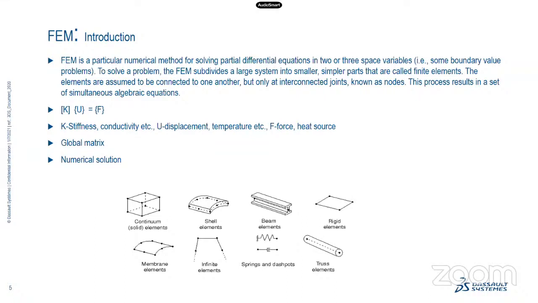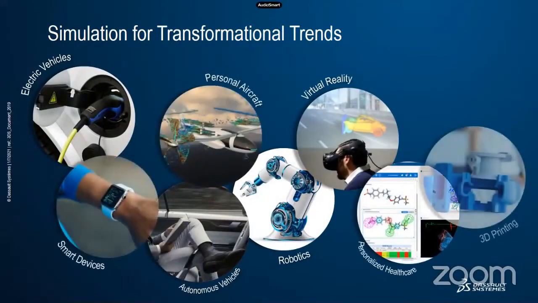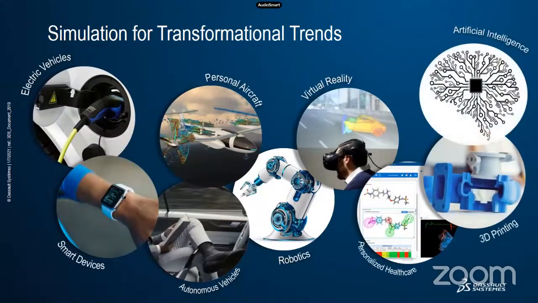Now we talked about the need for simulation, why we need simulation, and we have a tool, FEM, for simulating. Now what is the current trend, like what do we actually need in industry? Now it's a time for transformation trends.